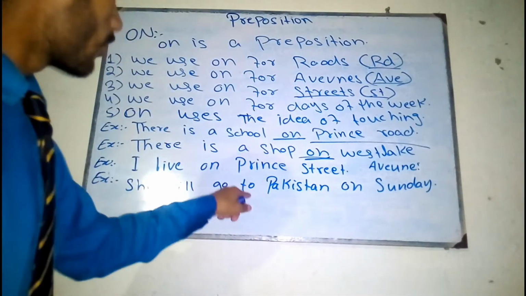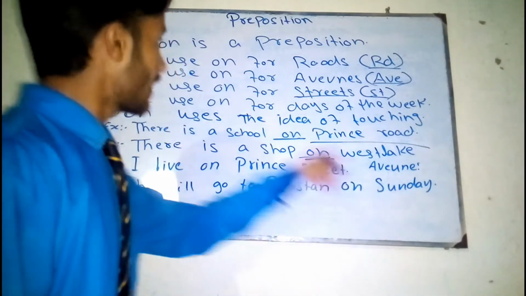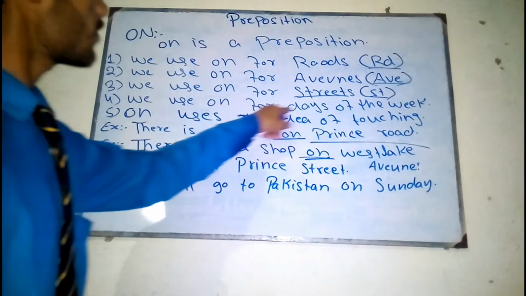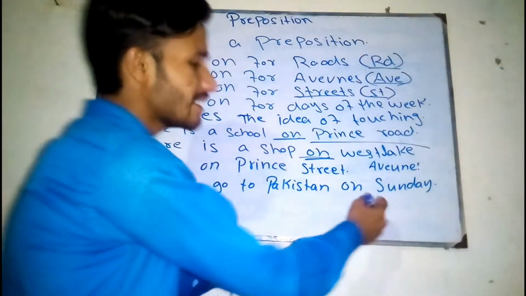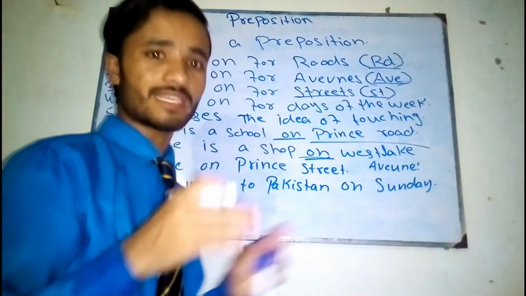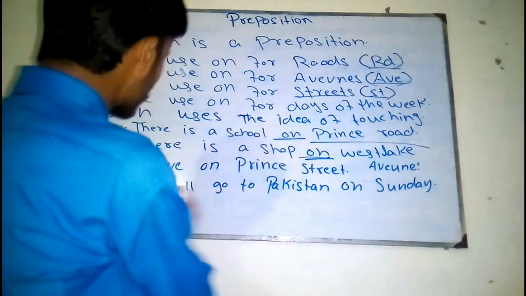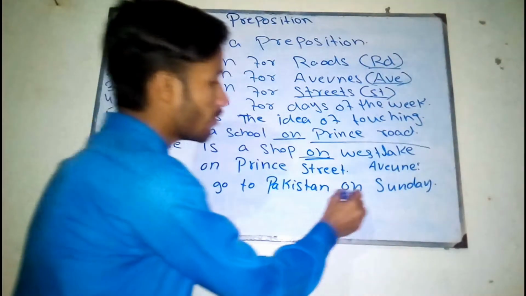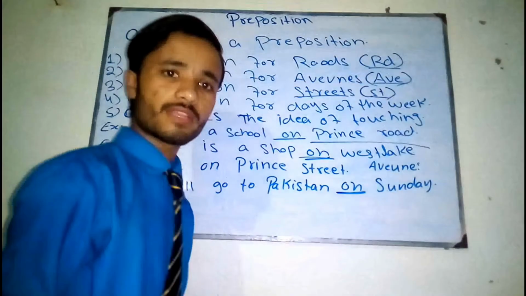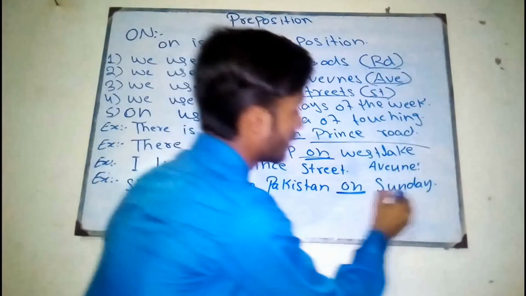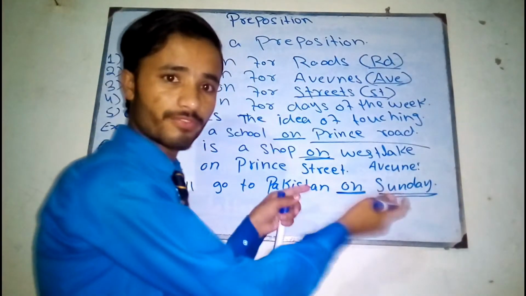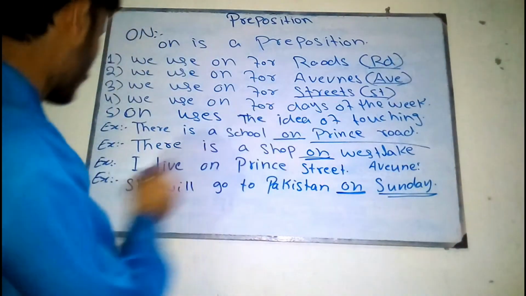As I said, we use "on" for days of the week. Sunday is a day. We have 7 days in the week, and Sunday is one of them. So she will go to Pakistan on Sunday. Here we have a day, that's why I put "on" before the day. Is this clear?